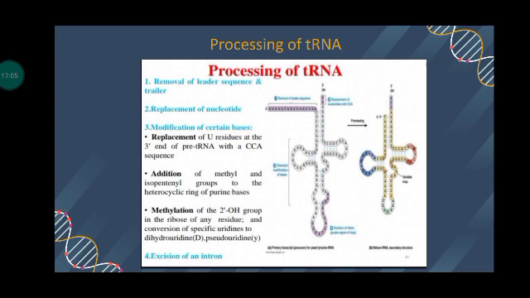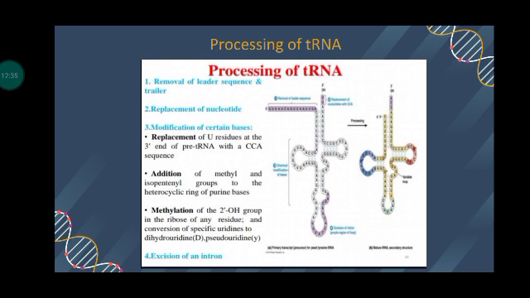The second thing is addition of methyl and isopentyl groups to the heterocyclic ring of the purine base. And methylation of the second position, the 2'-OH group, in the ribose of any residue. This methylation will result in mature tRNA, and conversion of specific uridines to dihydrouridine and pseudouridine also takes place.